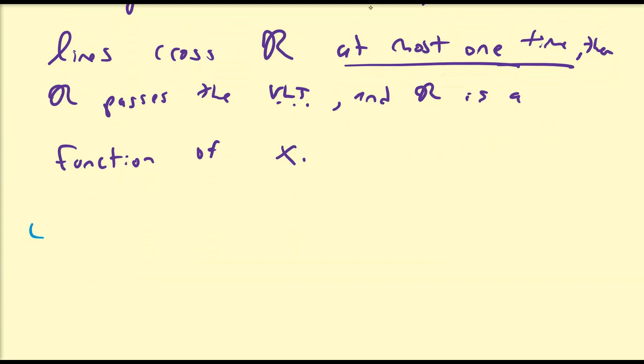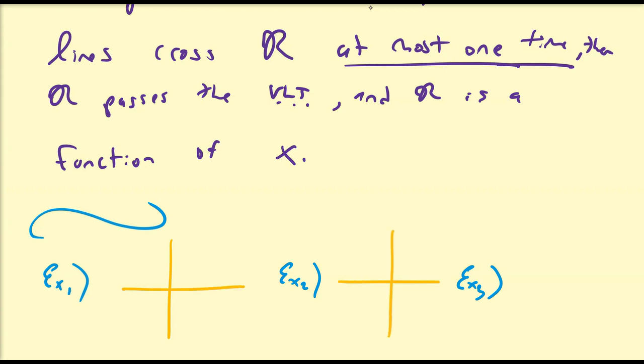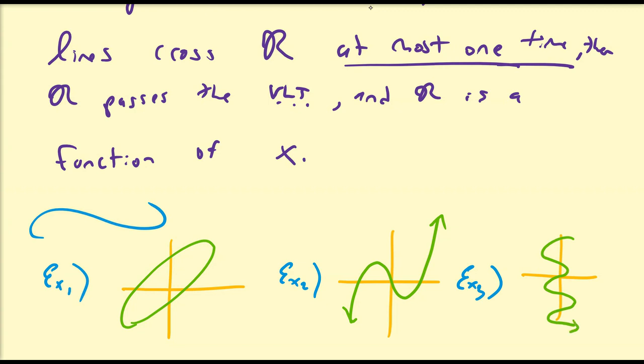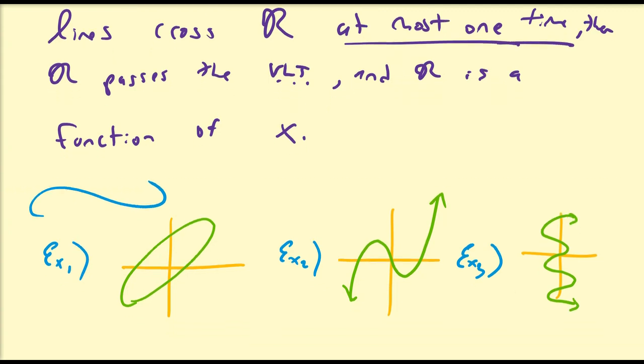So we can demonstrate the vertical line test with a series of examples. For example 1, example 2, and example 3, let's consider 3 different graphs here. Let's consider the graph of an ellipse, the graph of this type of curve, and the graph of this type of curve.